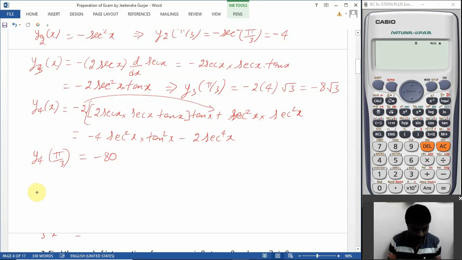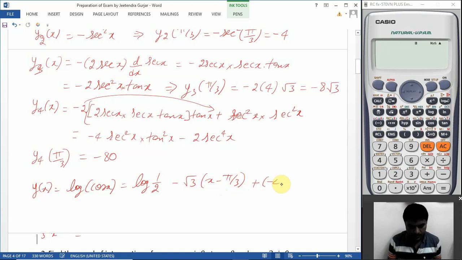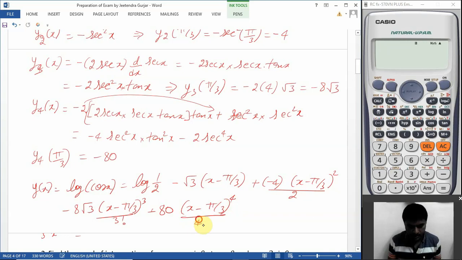So therefore this is going to become y of x is equal to cos of log x or log cos x is equal to log of 1 upon 2 minus root 3 x minus pi by 3 plus minus 4 x minus pi by 3 square divided by 2 factorial, is 2 only, you can keep it 2 only, minus 8 root 3 x minus pi by 3 cube divided by 3 factorial minus 80 x minus pi by 3 raised to 4 divided by 4 factorial.